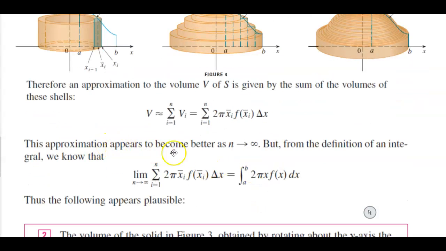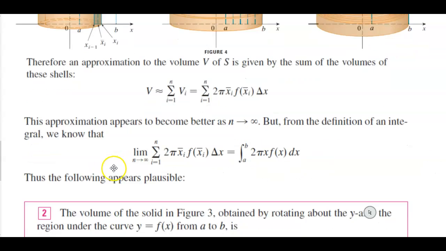Now this approximation appears to become better as n approaches infinity, and from the definition of the integral, we know that the limit as n approaches infinity of the sum from i equals 1 to n of the circumference times its height times delta x is equal to the definite integral from a to b of 2 pi x f of x dx.